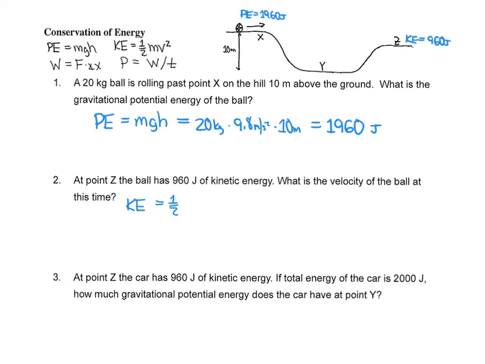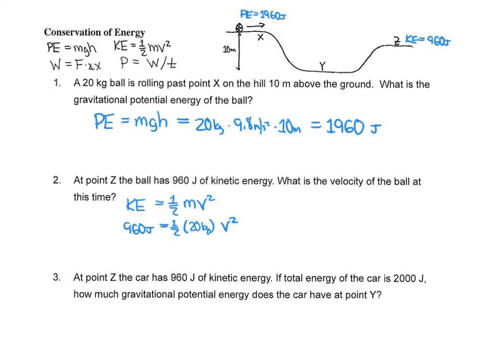Kinetic energy is 1/2 mv squared. It really depends on your motion because it's squared. So 960 joules of KE equals 1/2 times the mass of the ball, which is 20 kilos again, like some medicine ball kind of deal, times V squared. I have to do some math steps here. 1/2 times 20 is 10. Then I'm going to divide both sides by 10.